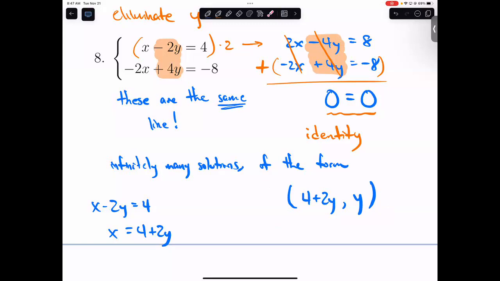The problems in the homework, I think the way these are set up, it'll give you like a blank here and like y will already be there. So, okay, write it in terms of y then. That means go solve for x somewhere in terms of y. You could do it the other way. I could write them as x comma, whatever I get when I solve for y in terms of x.